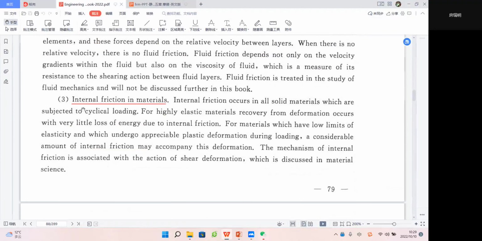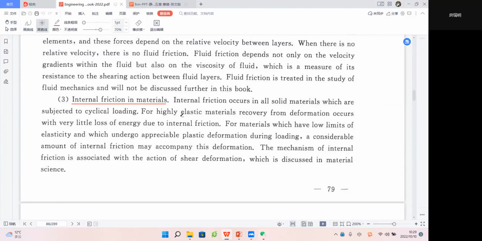We also talk about another friction. It's called internal friction in materials, right? Internal friction occurs in all solid materials which are subjected to cyclical loading, 周期性载荷. For highly elastic material, actually, it is not relevant because we have an assumption of rigid body, but here we are talking about highly elastic material recovering from deformation.